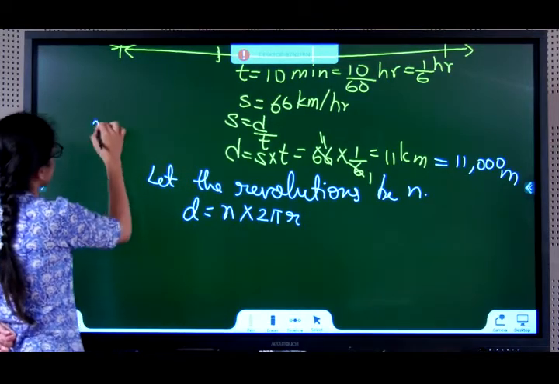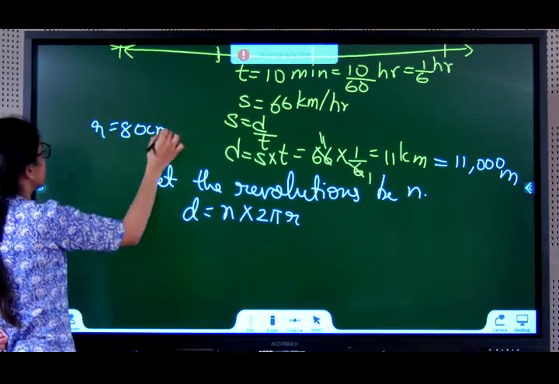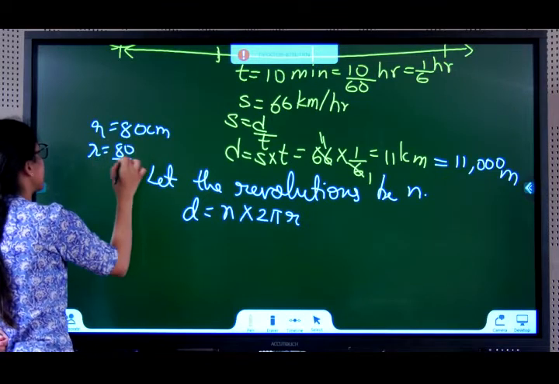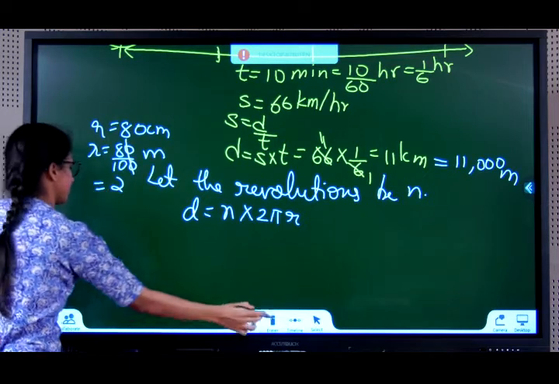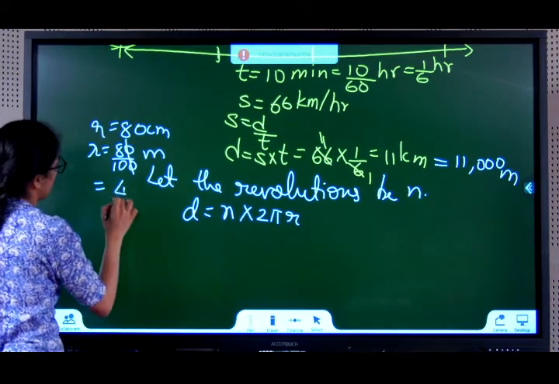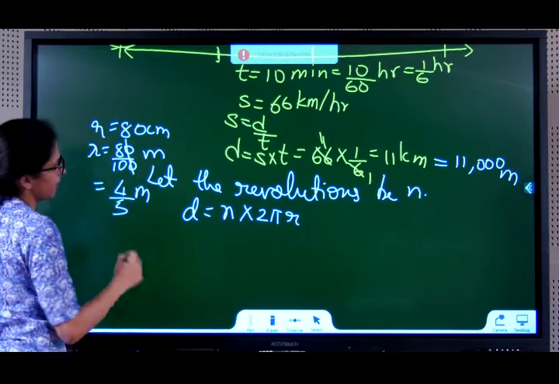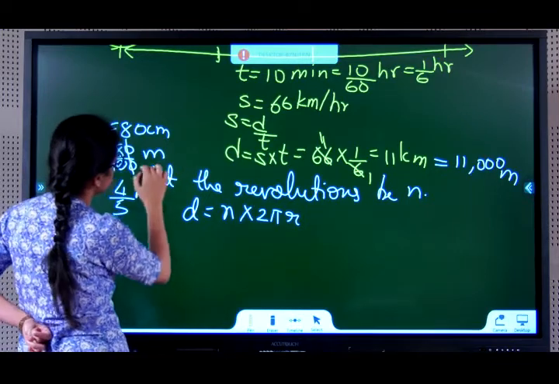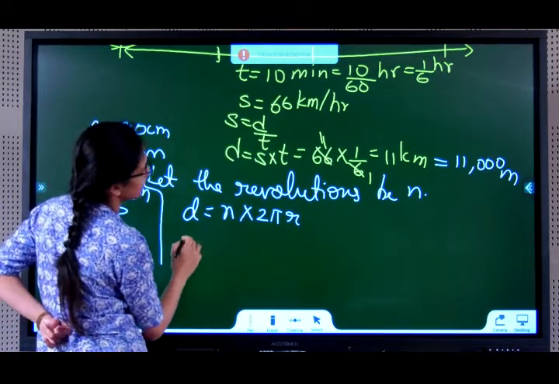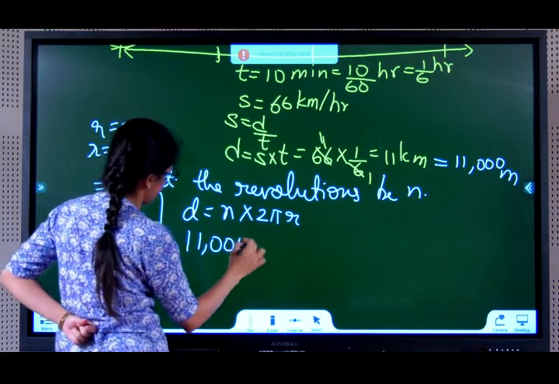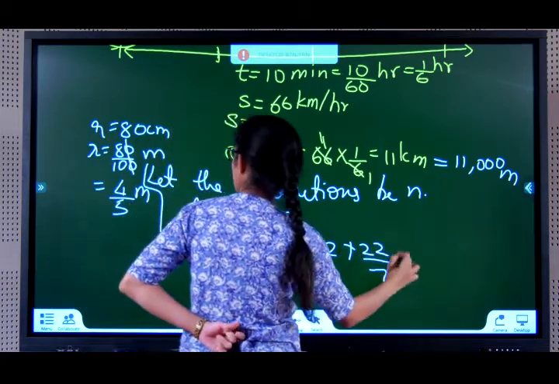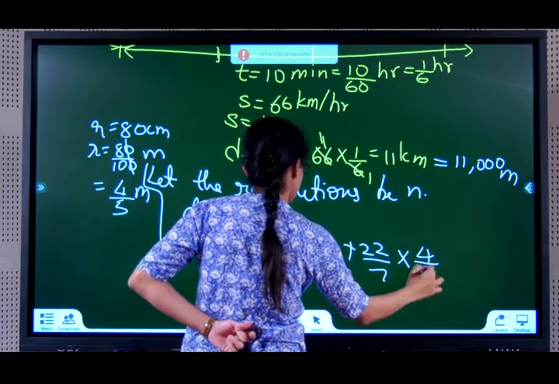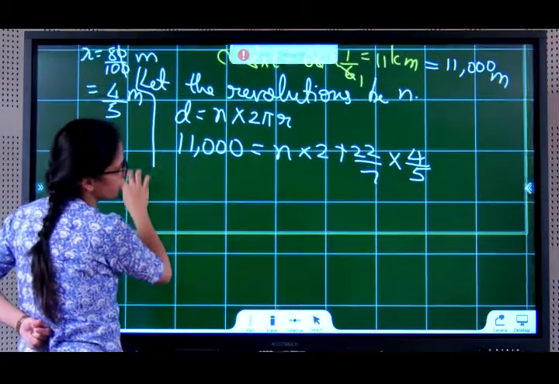Diameter is given as 80 centimeters, converted to meters. So the total distance here is 11,000 is equal to n into 2 into 22 by 7 into r. Now you have to solve for n.